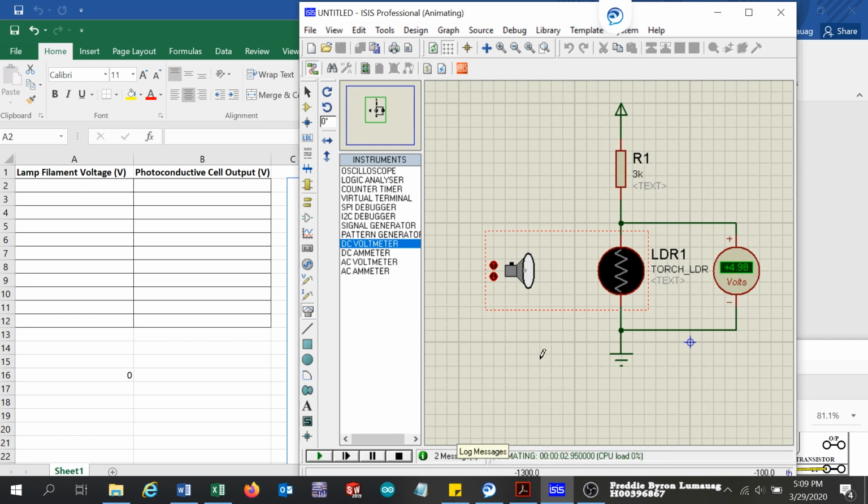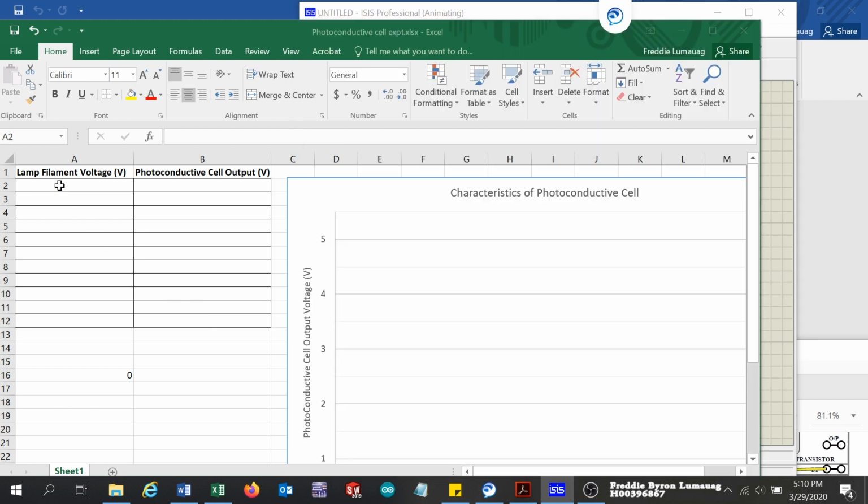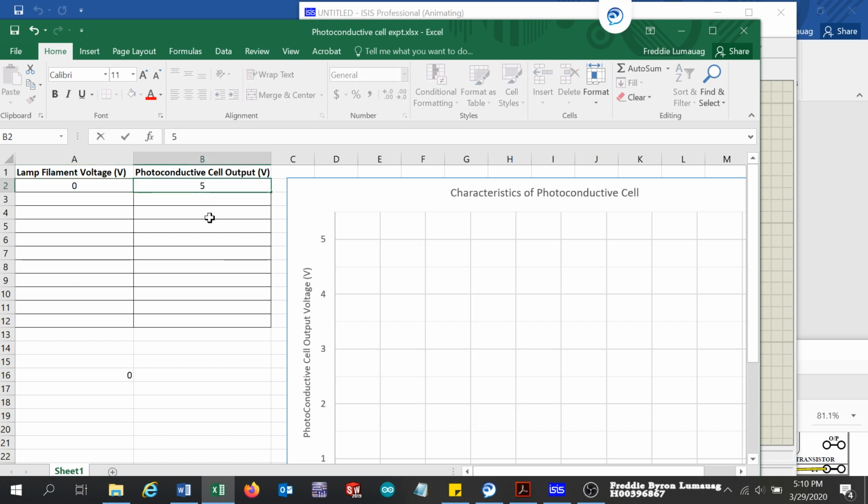So let us say if there is no voltage here, the maximum voltage here, of course, if this LDR has a really big resistance, very big resistance across its terminals. So this will be having a 5 volts output here without a source of light. Okay, so I will put here, for example, 0 volts, and I will put here 5 volts.